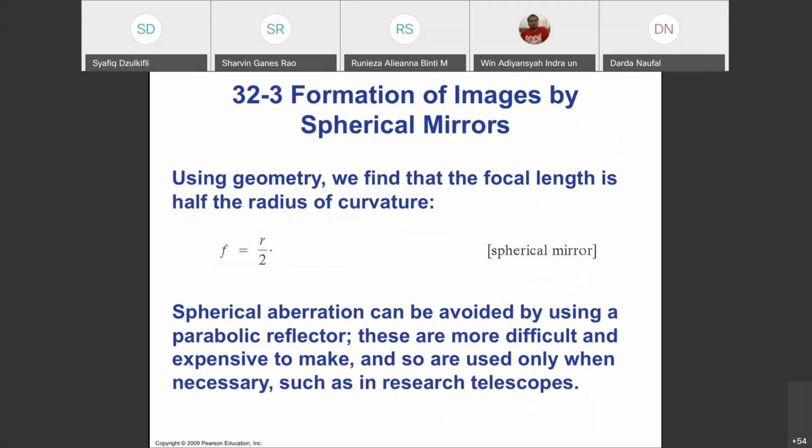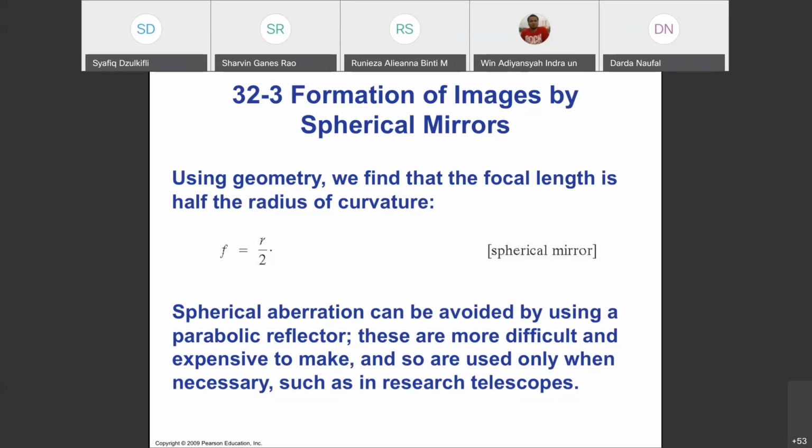Spherical aberration can be avoided by using a parabolic reflector. Example: if you have Astro TV at home, they must have installed an antenna at the rooftop usually. That one will be parabolic. The shape is parabolic. If you see the antenna, they have a reflector at the end of the antenna in the middle.